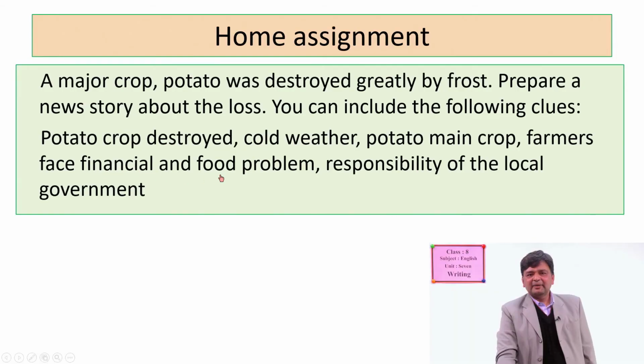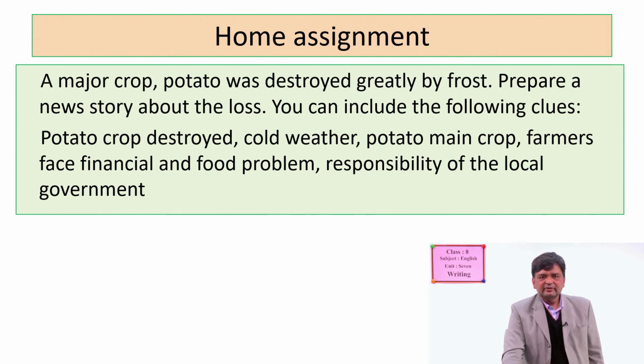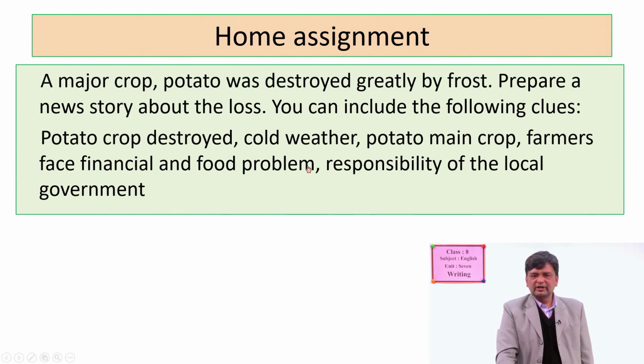And if it is a main crop, people who are farmers or who have planted potato as their main crop have fallen into a problem, right? So they face financial and food problems as well. In the highland hills or mountainous region, potato is a main source of food, right?